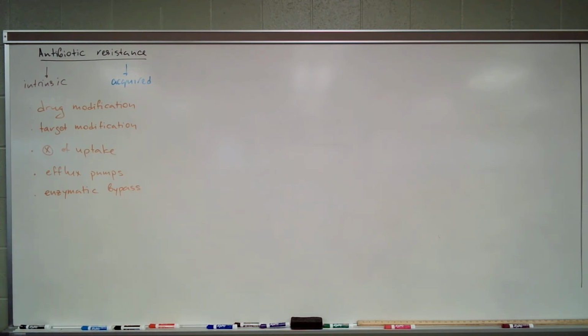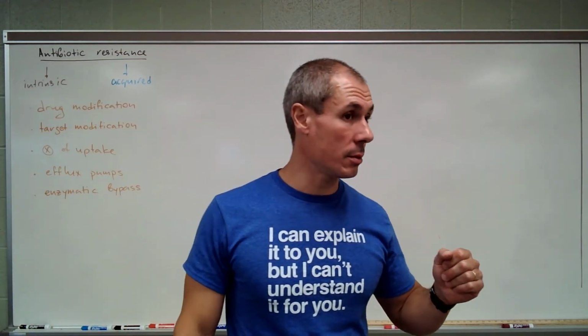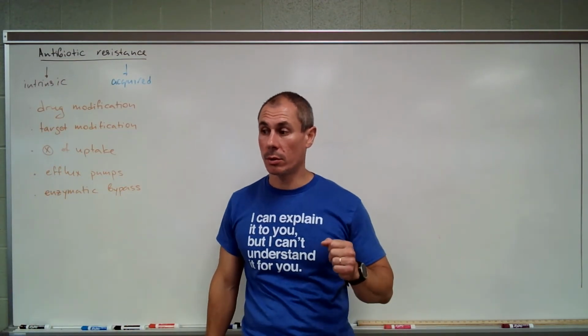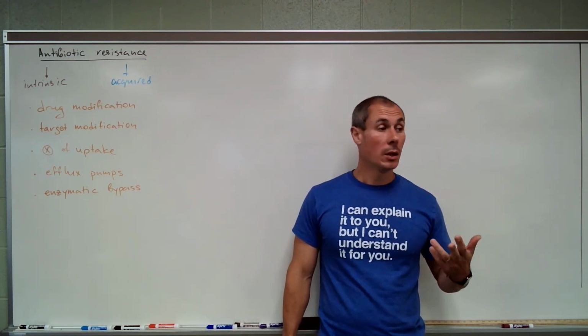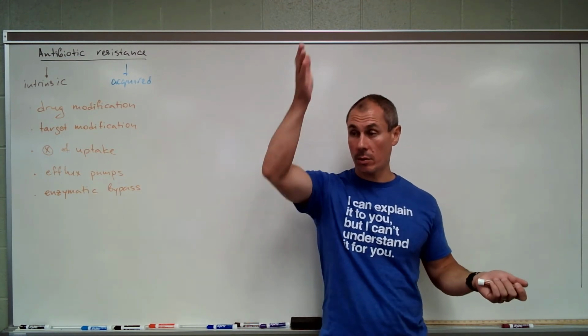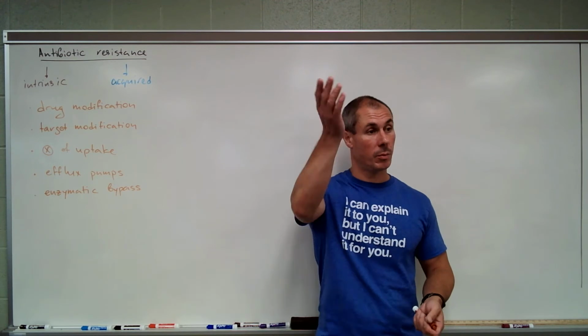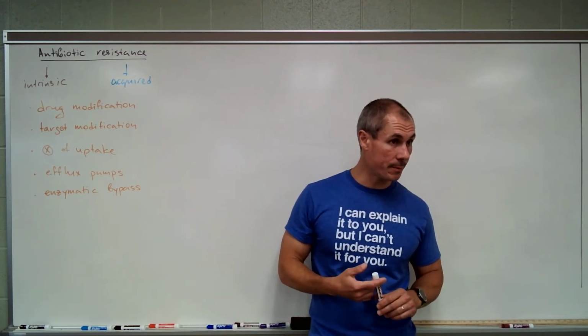So let's say, remember we were talking about those metabolic pathway inhibitors? Sulfamethoxazole, trimethoprim. So now bacteria just take a detour enzymatically. So this route is inhibited, but there is some other pathway that can still be used. Does that make sense?